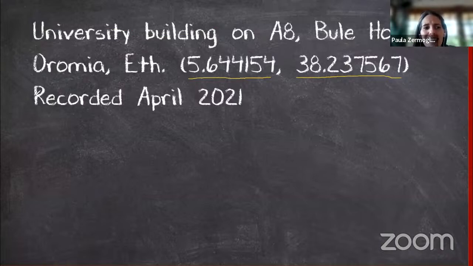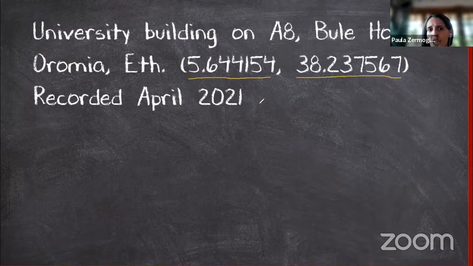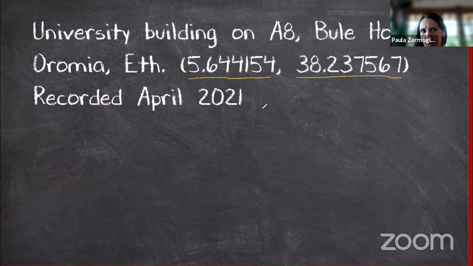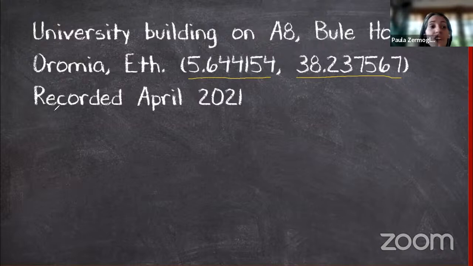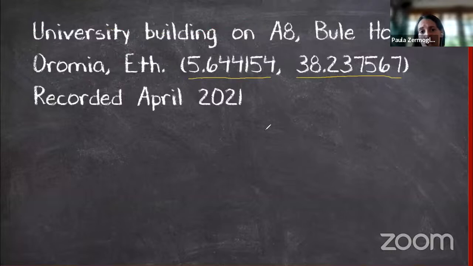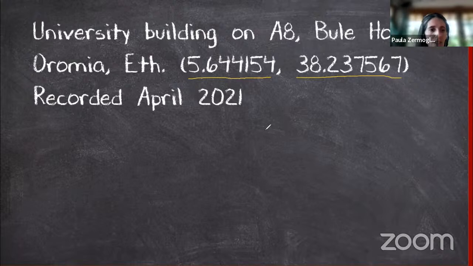And now about the date here, it says recorded April 2021. This means that someone either collected or observed a specimen on that date, that month and year. So this is clearly not about the location, but about the date that was recorded. We would not include it as part of the location information, except that we could include it in verbatim locality because it's in the location information that we got.